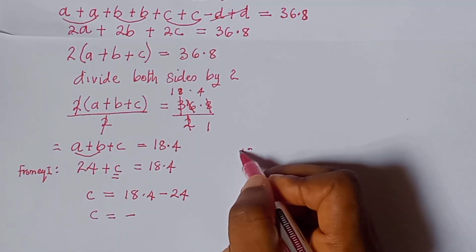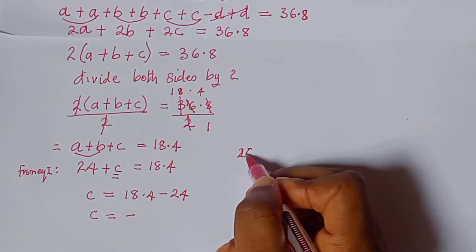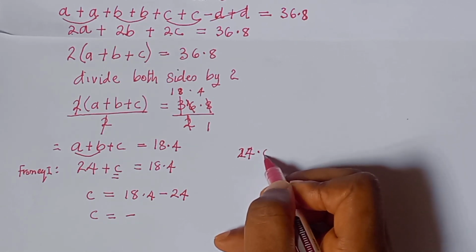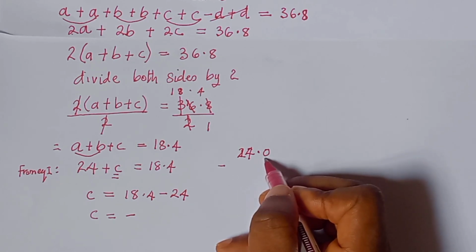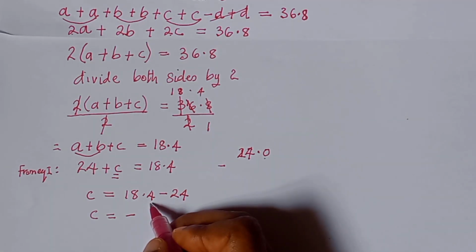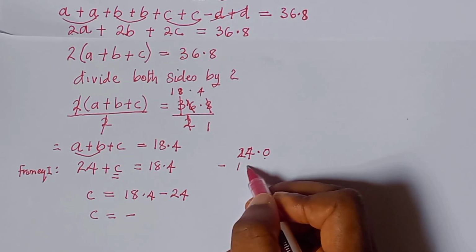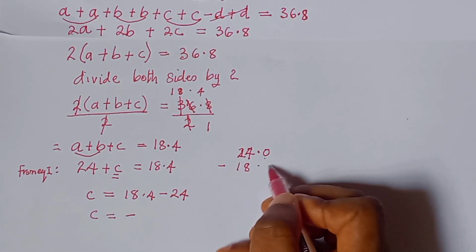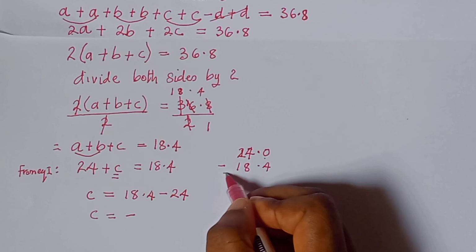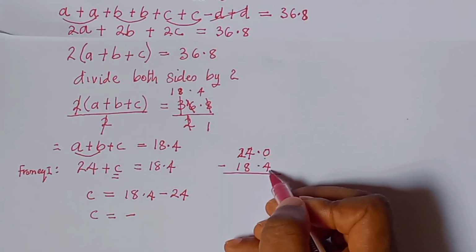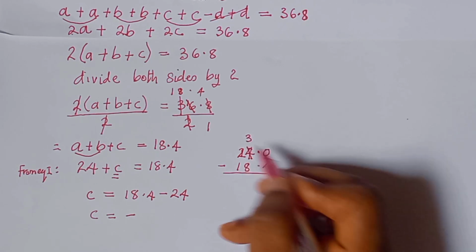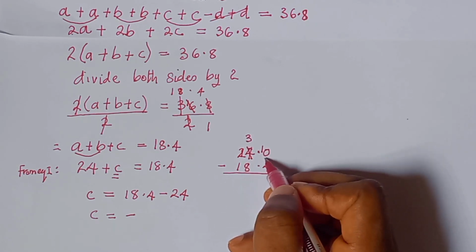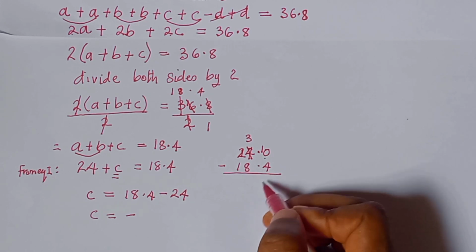So we can take 24.0 on top, minus 18.4. I'm putting the 0 such that it will be easier for me to subtract the 0.4. So 0 minus 4, you have to borrow here. 3 is left here. So your 10 minus 4 will give you 6 there.